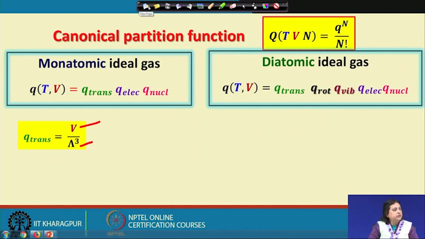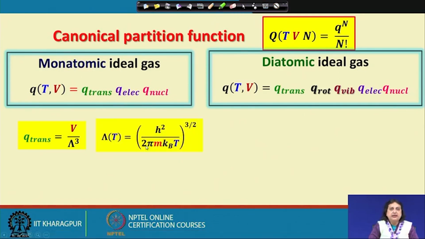Now, we have introduced lambda as the thermal de Broglie wavelength, which tells us something at finite temperature, and it gives us the finite temperature analog of the de Broglie wavelength associated with each particle.